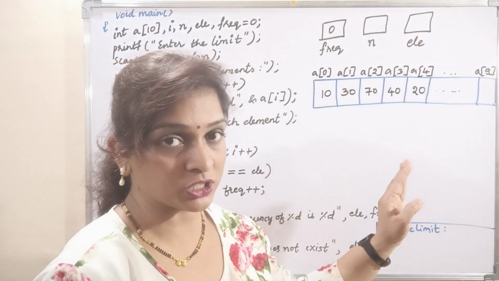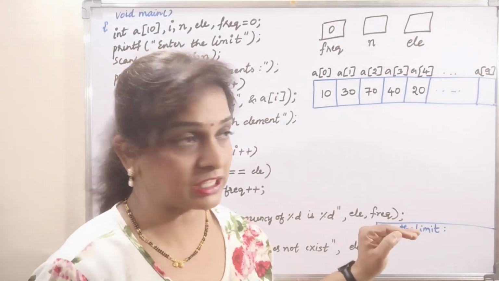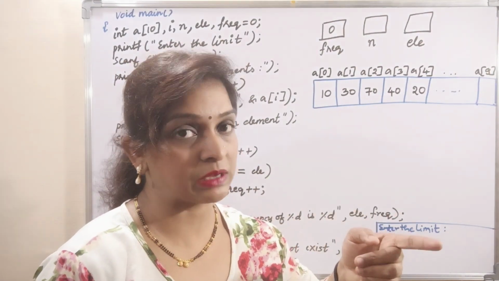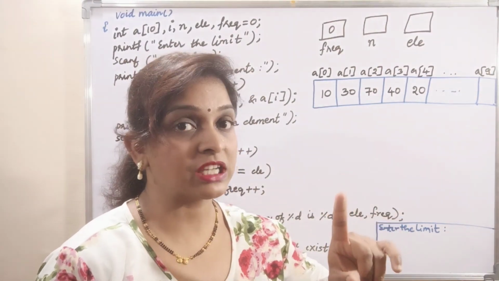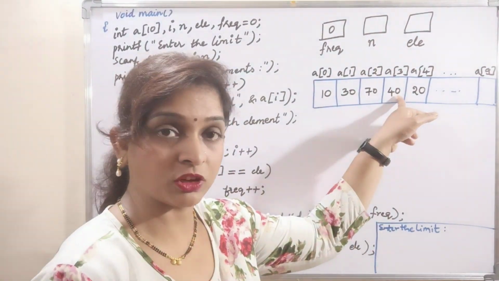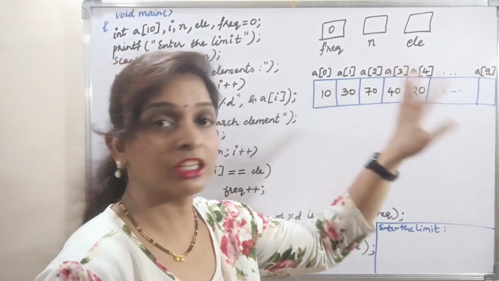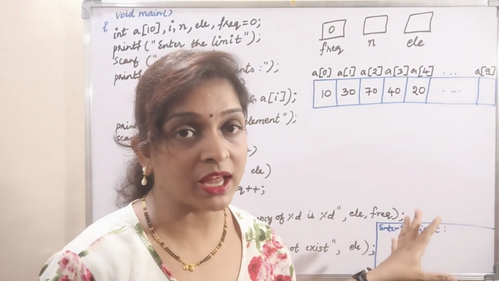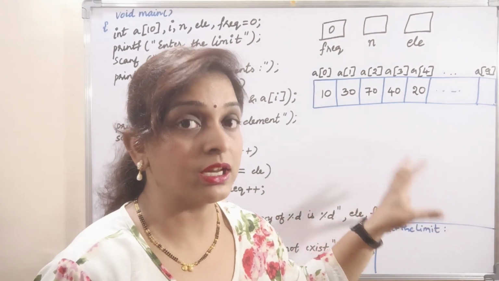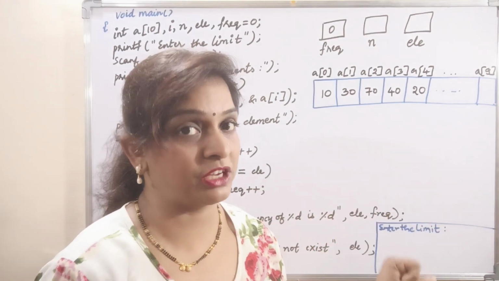No, it is not matching, so the frequency will not be increased. Compare with 70. Yes, 70 is equal to 70, then the frequency count gets increased. Again, check with 40. No. Again, check with 20. No. So here I am doing the traversal, and in the process of traversal, I am finding the frequency of a particular element.